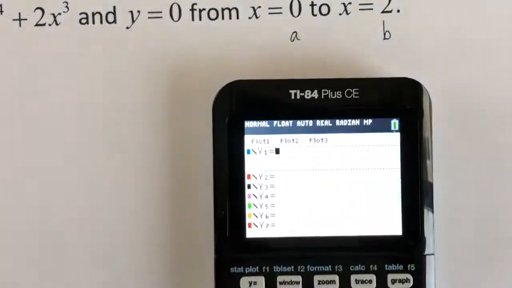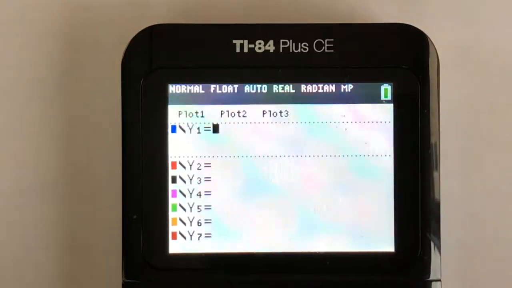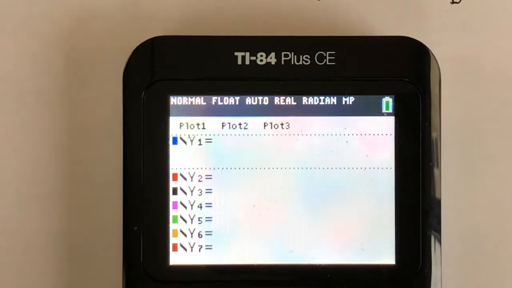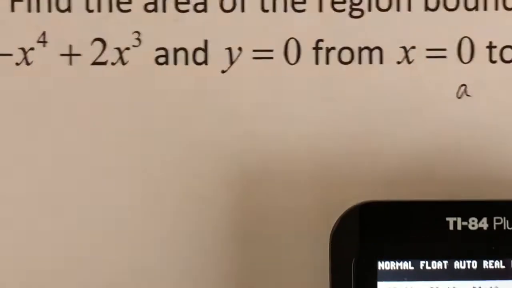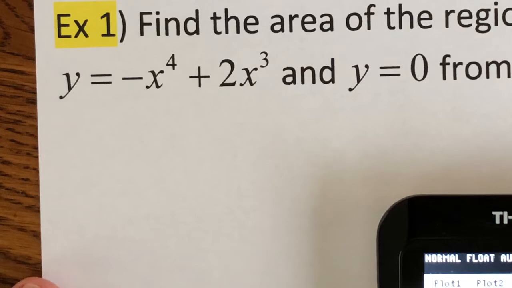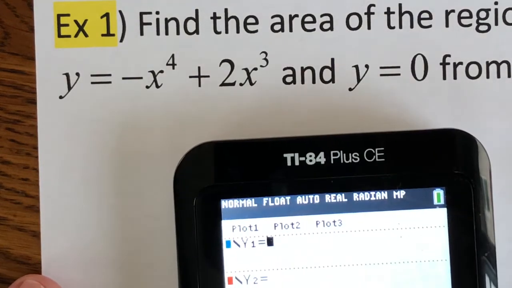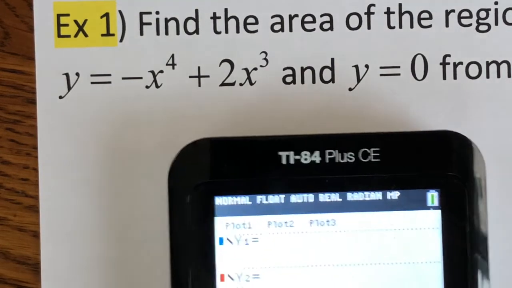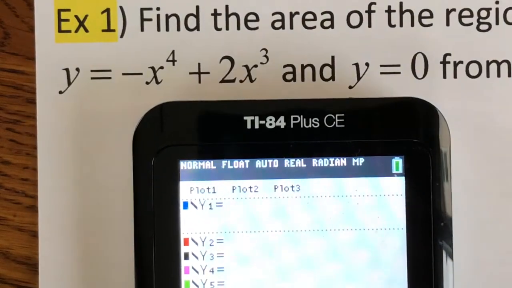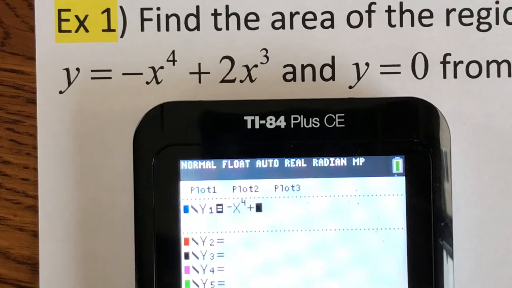So what we need to do at this point is we need to understand which graph is greater than the other. All right, which one actually is higher up when you look at it on the coordinate plane versus the other. So let's go ahead and take a look at negative x to the fourth plus 2x cubed.